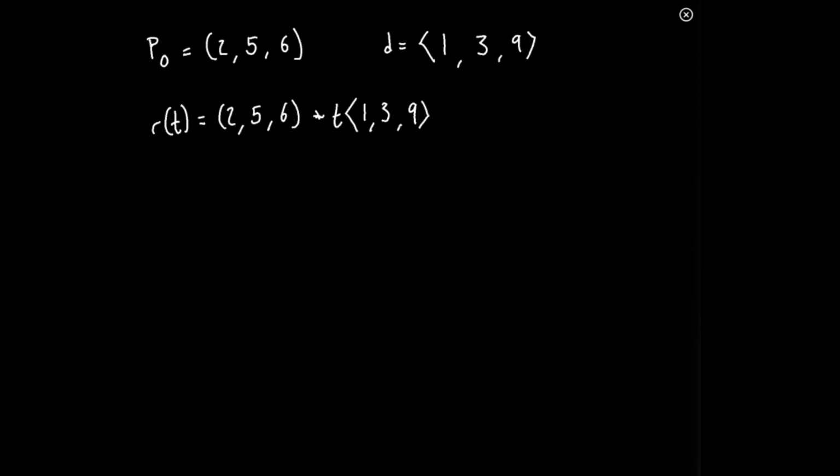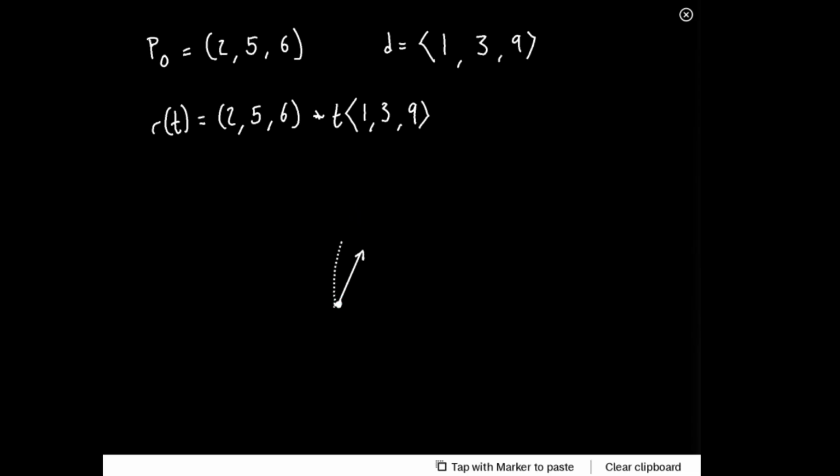Now, why does the equation look this way? What is t? Well, if I have a vector, and it doesn't really matter what size the vector is, and I have some point in space that the vector starts out at, if I apply a scalar to the vector, in this case t is a scalar that's multiplied by the vector, all that does is make this vector bigger, or smaller.